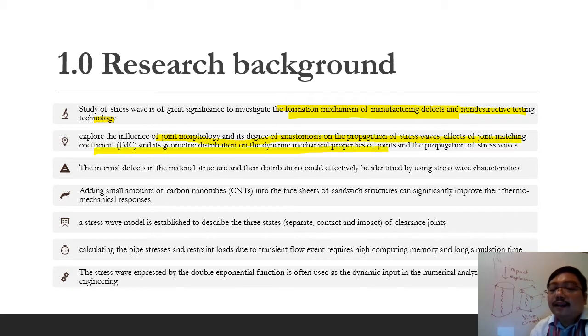Meaning that in some applications there are two materials joined together. This is material A and this is material B. You want to make them connected together. Different material, different strength, everything is different.